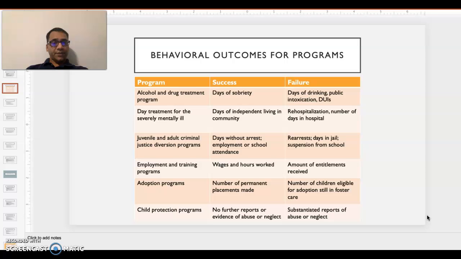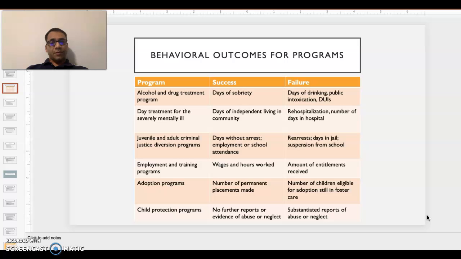Similarly, for juvenile and adult criminal justice diversion programs, days without arrest can be a measure of success, and re-arrest or days in jail can be a measure of failure. For employment and training programs, the wages and hours worked can be a measure of success, and the amount of entitlement received can be a measure of failure.